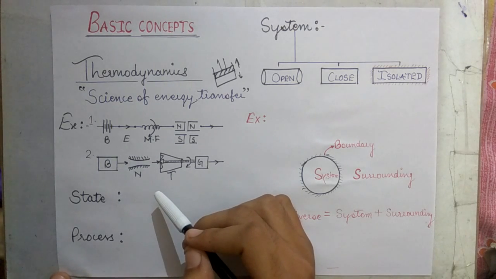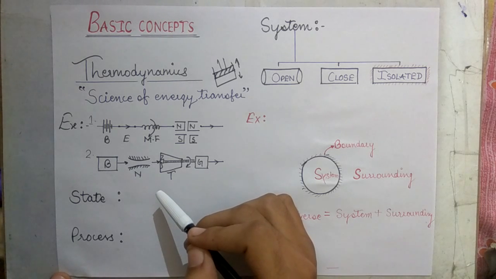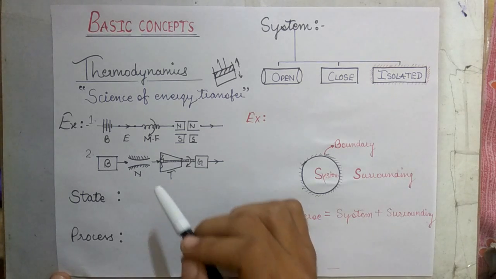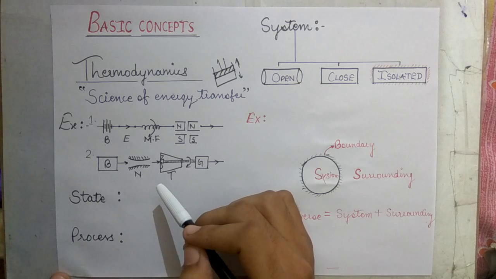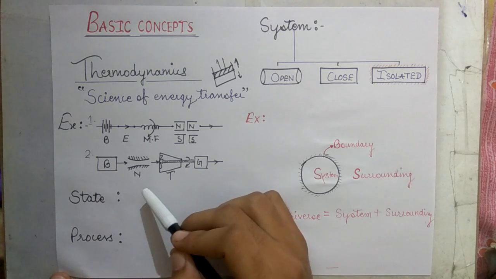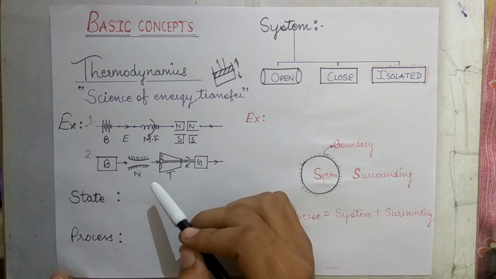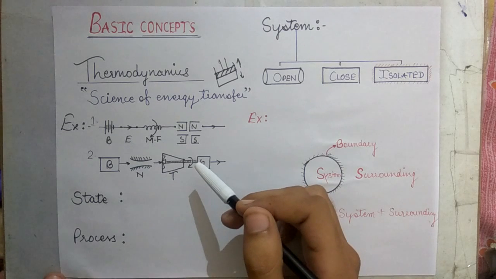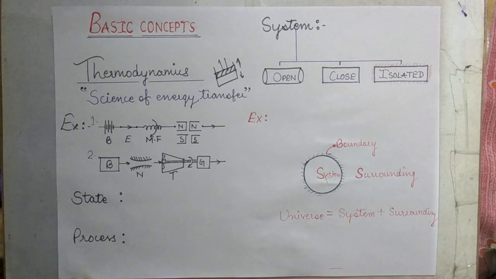It should be at thermodynamic equilibrium. Only when the system is at thermodynamic equilibrium can we define the state of that system. So state describes the condition of a system and the properties of that system at a particular instant of time.